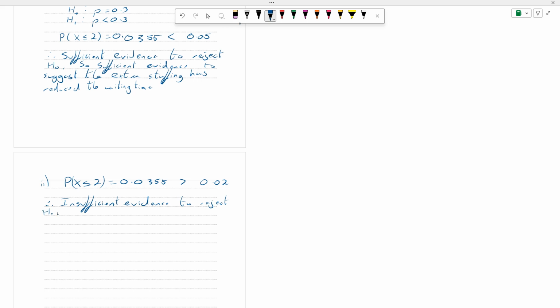Okay, so I'm going to have a similar sentence again, but I'm just going to change the word sufficient to insufficient. So I'm going to say, insufficient evidence to suggest the extra staffing has reduced the waiting time.